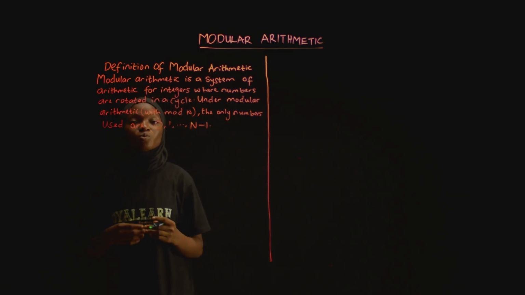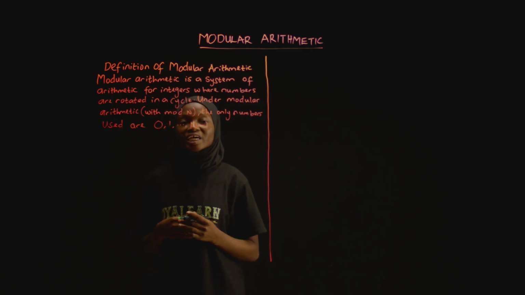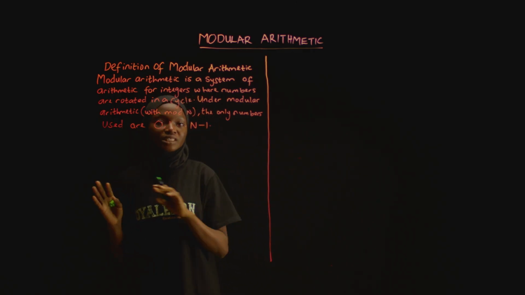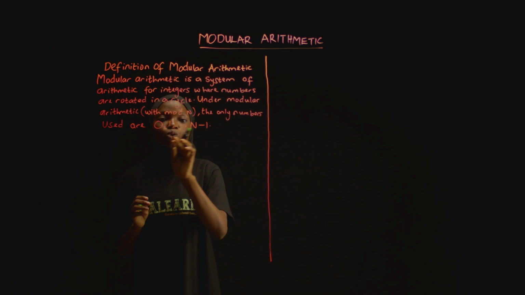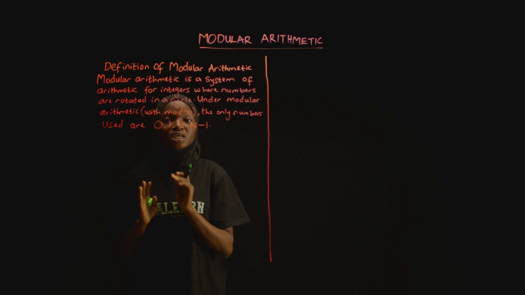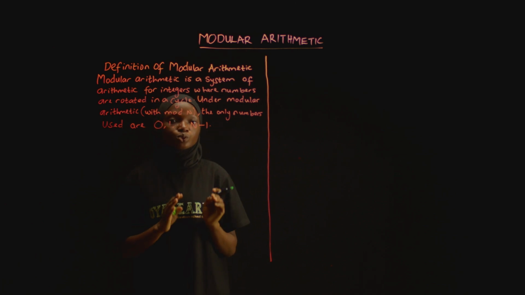That is, if you are working with a specific mode 4, the only numbers we'll be using to represent the entire integers are 0 to 4 minus 1, which is 3. That is digits 0, 1, 2, and 3.